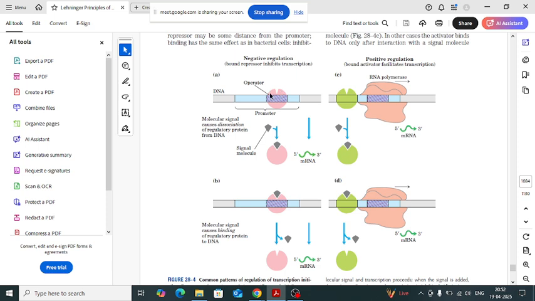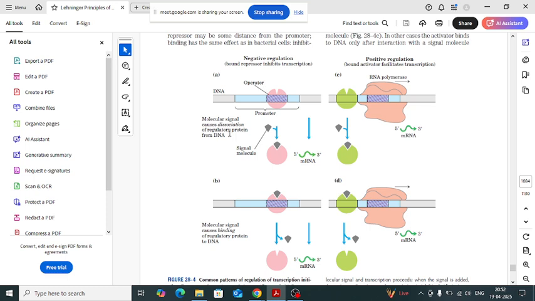As the repressor is bound, it is blocking the RNA polymerase access to the promoter, because there is no platform for the RNA polymerase to be recruited, because of this repressor here.